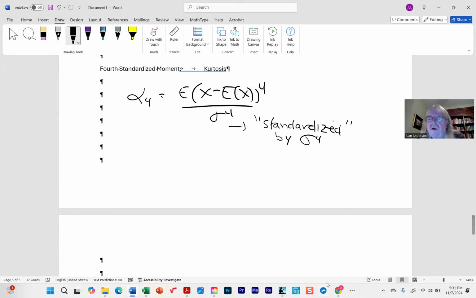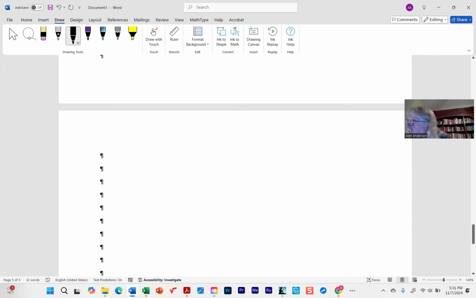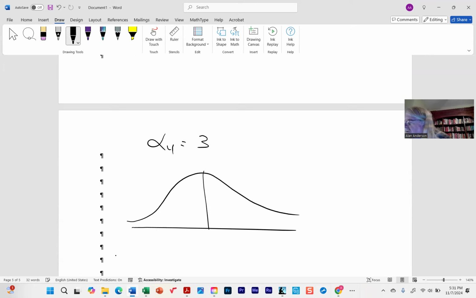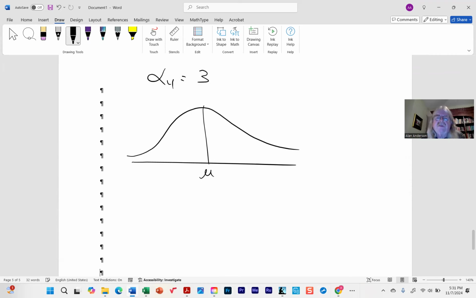Now, this one is a little bit harder to explain and to visualize properly, but the way it works is this. The normal distribution has a kurtosis of 3. I know it seems a little strange, but we're going to compare against it, and the other values of kurtosis tell us how much area there is in the tails compared to the normal distribution.